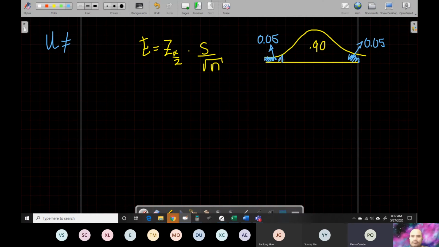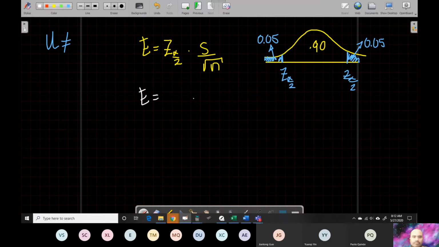So we need to find this value here, which is Z alpha divided by 2. One of these is okay. It doesn't matter. We prefer the positive because we don't use negative. But if you get this one, just use the absolute value of that number. Now, let's see what we have.